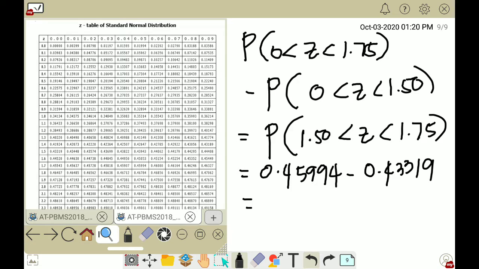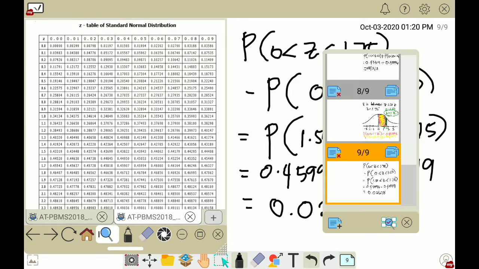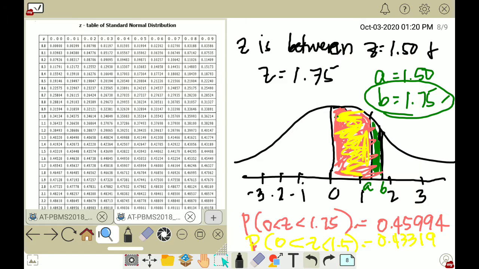The area between A and B is 0.45994 minus 0.43319, that is 0.02675. That is the area between A and B.